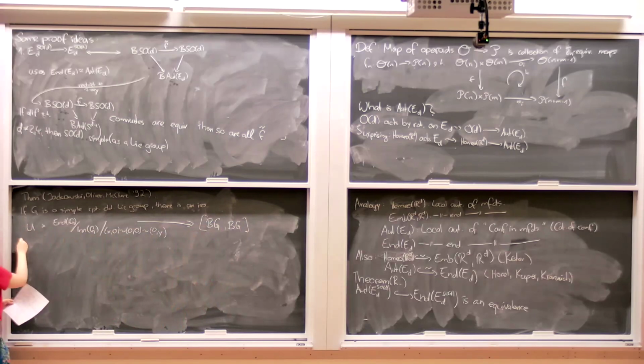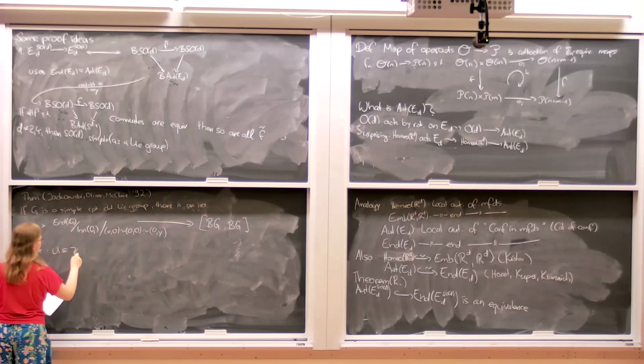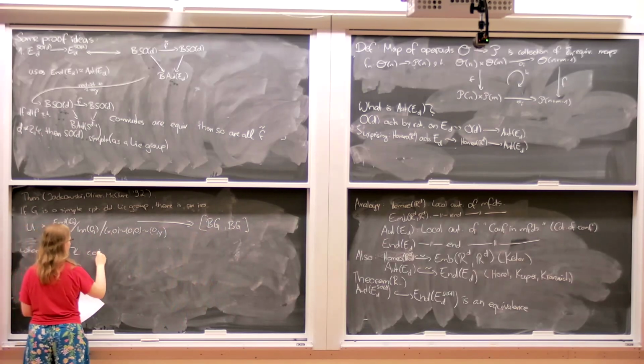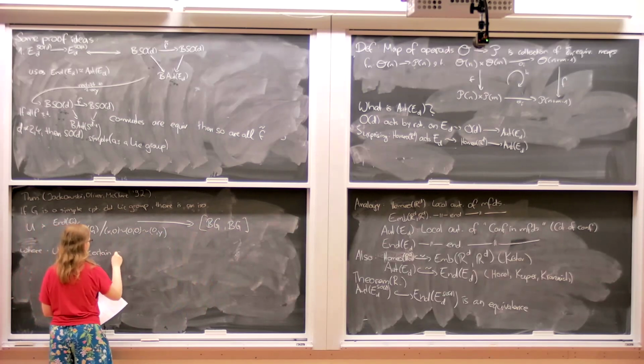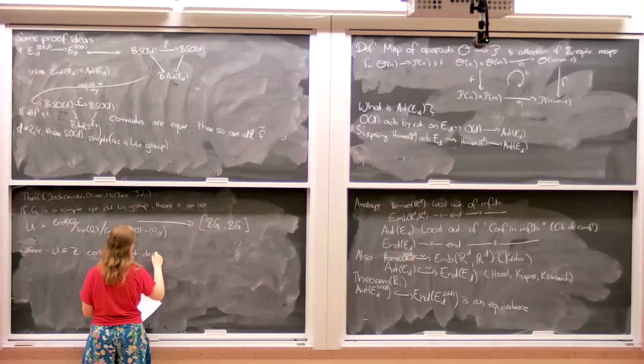I didn't define anything, so I'm first going to define the subsets. U is a subset of the integers. And this subset depends on the order of the Weyl group of G.